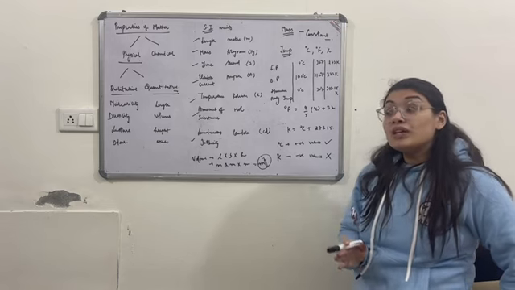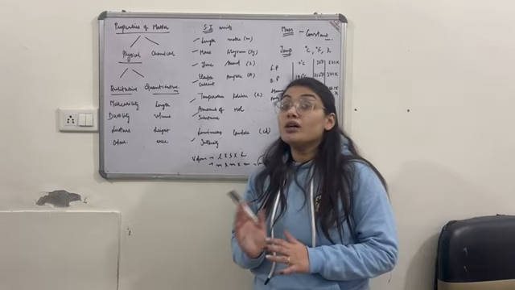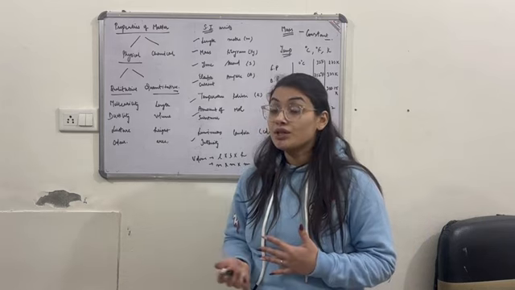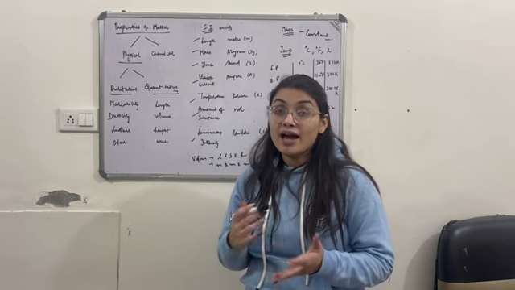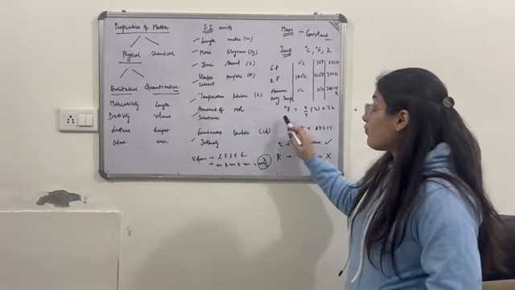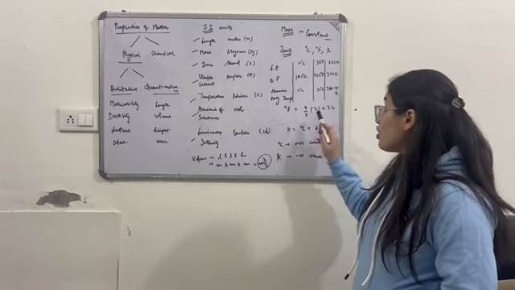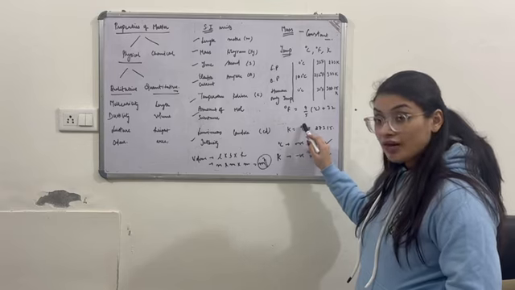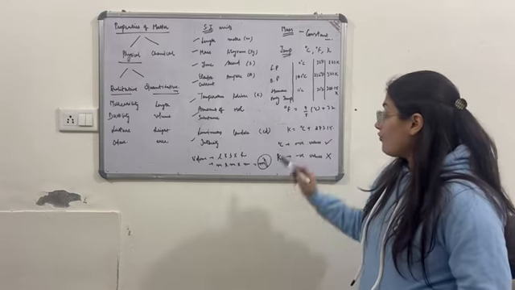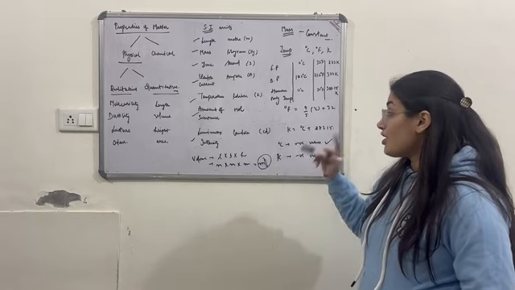But how can we convert one value into the other? Like if I know the value in degree Celsius, but I need to convert it into Fahrenheit, for that I have some interconversion formulas. If I have degree Celsius, how can we change it into Fahrenheit? 9/5 into the value of Celsius plus 32. If I have Celsius, how can I change it into Kelvin?